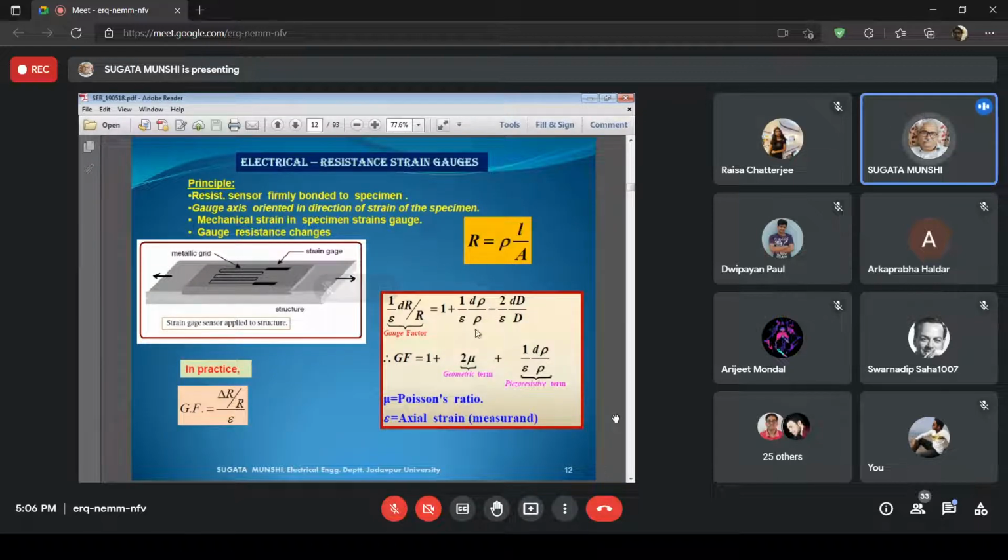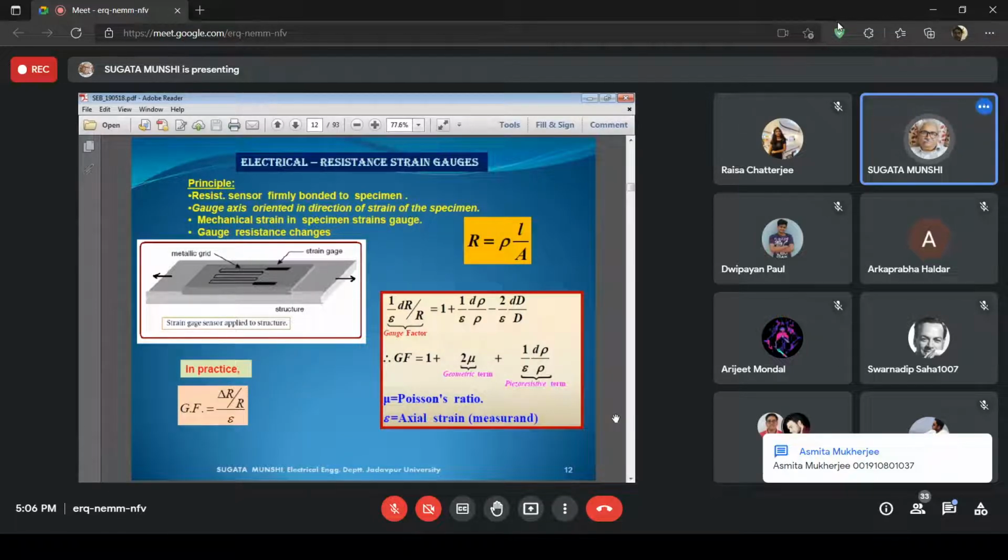These resistive elements are affixed to backing materials of some appropriate insulating material. This backing is used for the mounting of the resistive elements. The backing material carrying the resistive element constitutes the complete strain gauge arrangement.